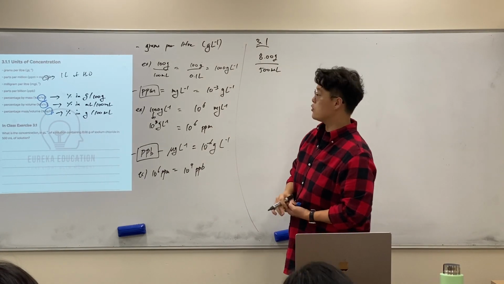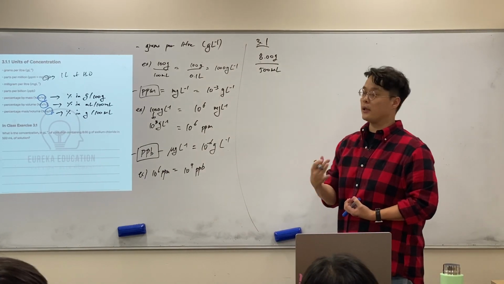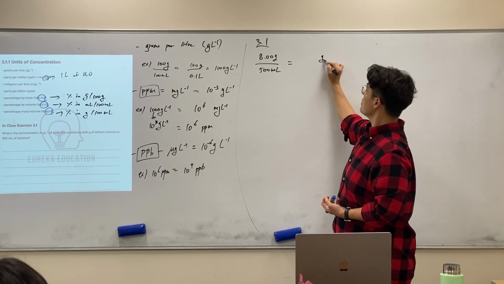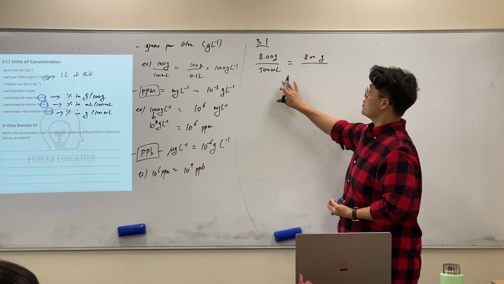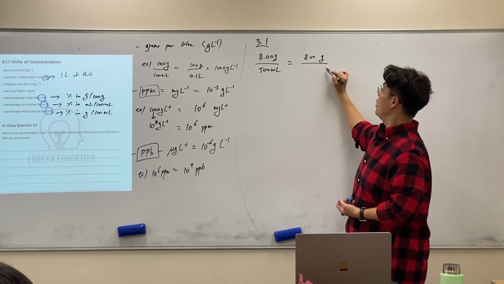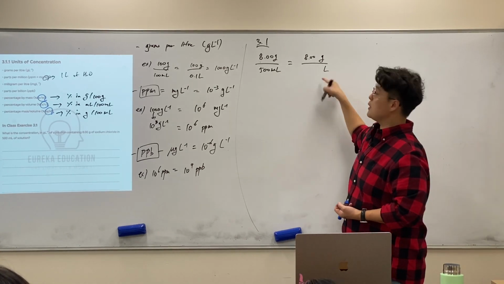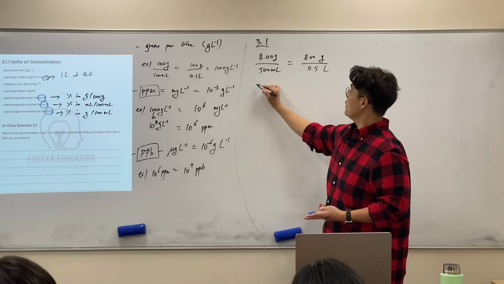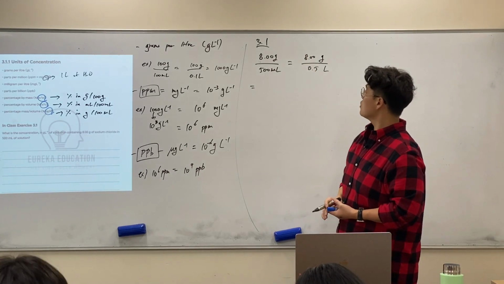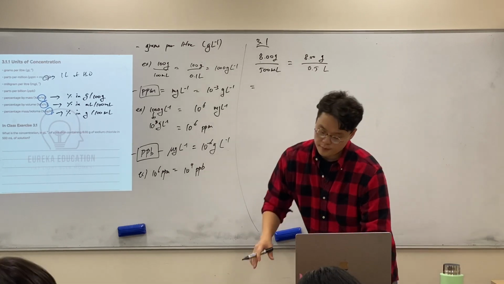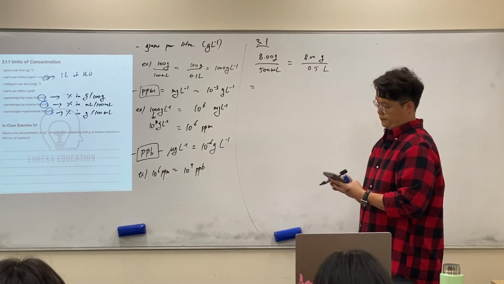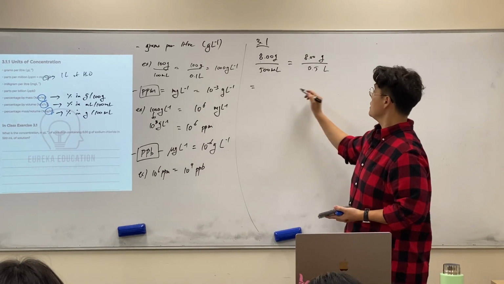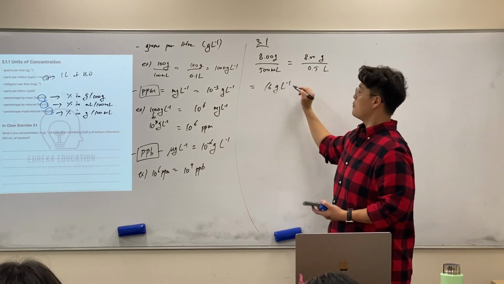We want to change that into grams per liter form. So leave the grams on top, but change the milliliters into liters. 500 milliliters in liters means 0.5, as 1 liter is 1,000 milliliters. Then times 2 of that, you get 16 grams per liter.